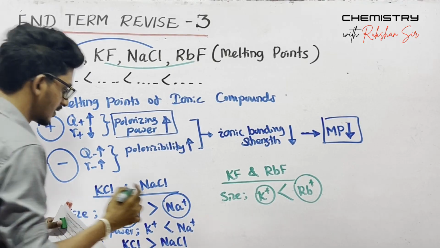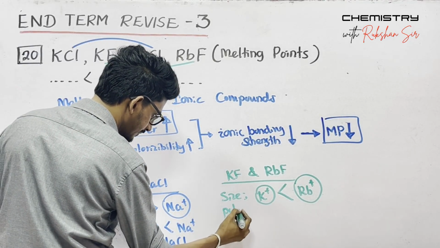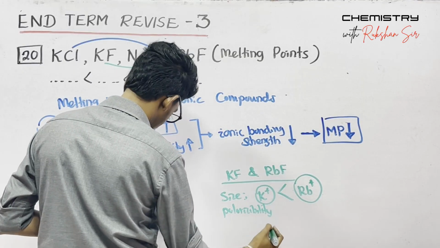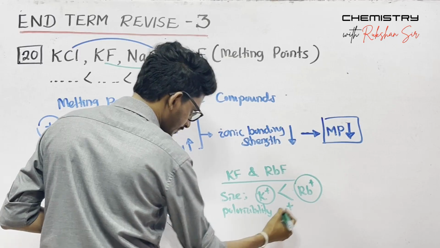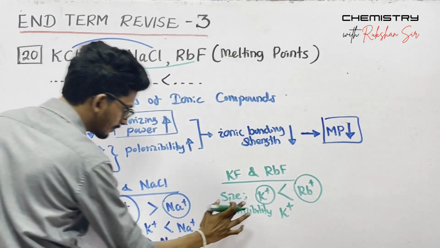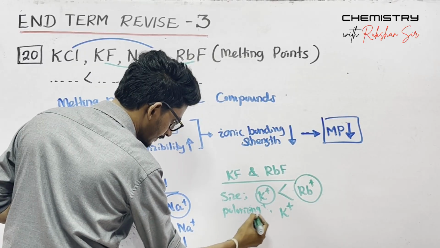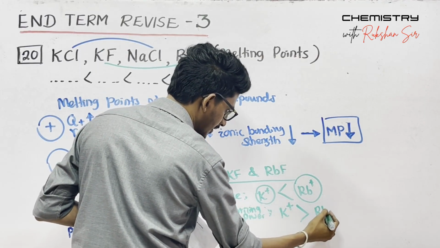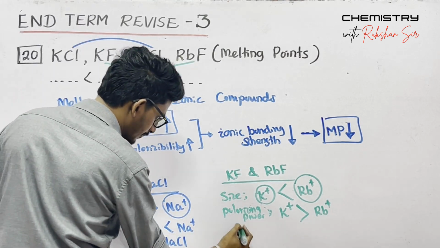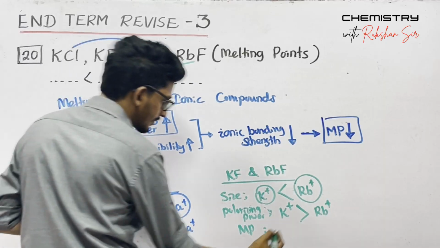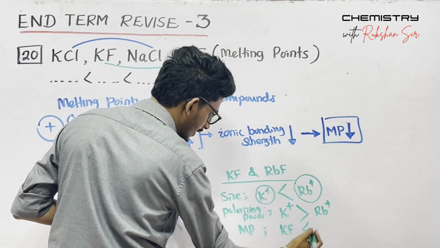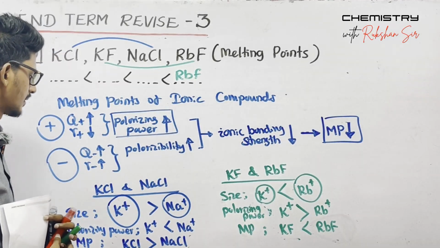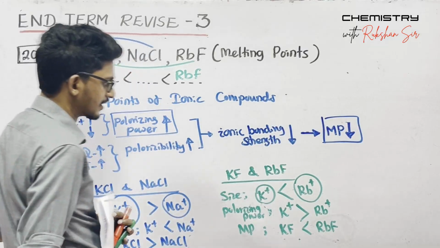So the polarizing power of K plus is higher than Rb plus, and this is smaller, so the melting point of KF is lower than that of RbF, right? Up to now, the question is solved.